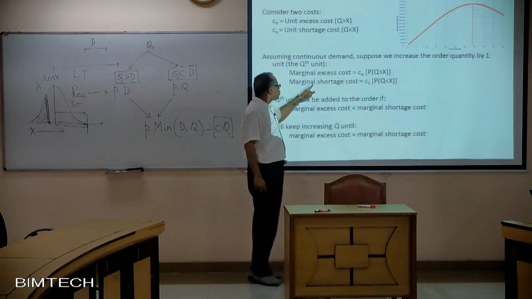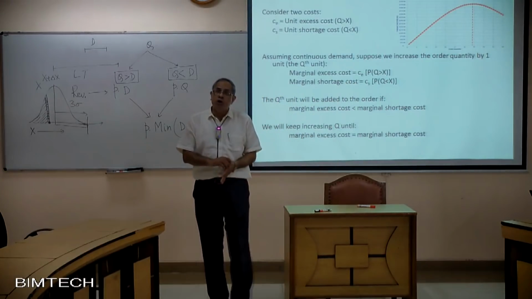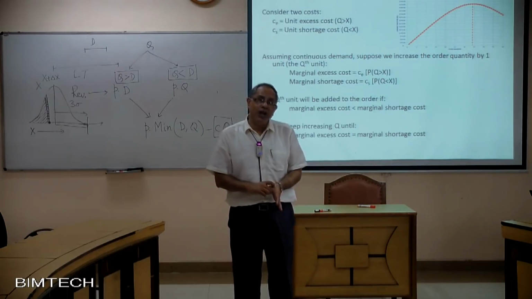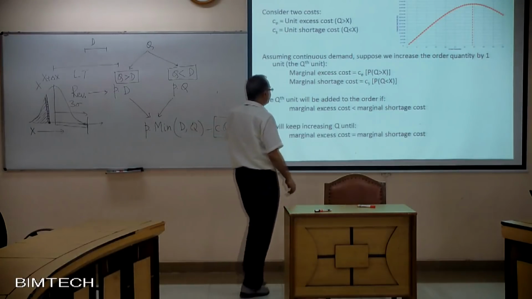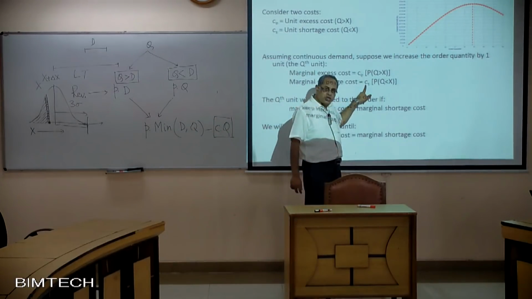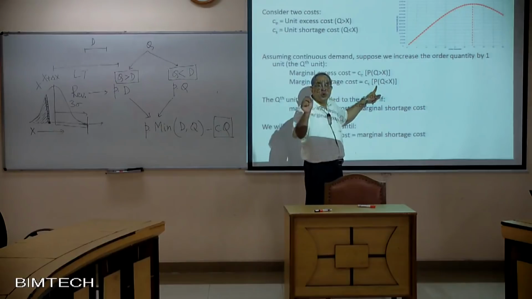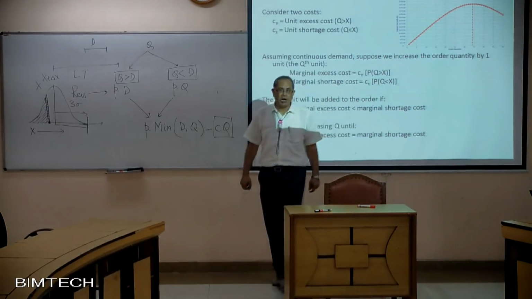The marginal shortage cost on that qth unit, remember the qth unit can be either excess or short. It can be short as well. So the marginal shortage cost on the qth unit is the unit shortage cost again multiplied with a probability, and the probability this time is that the qth unit is indeed short, which means that Q is less than the demand.